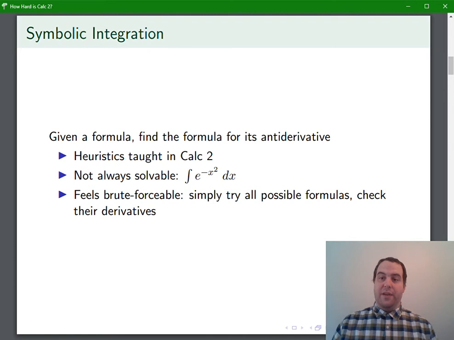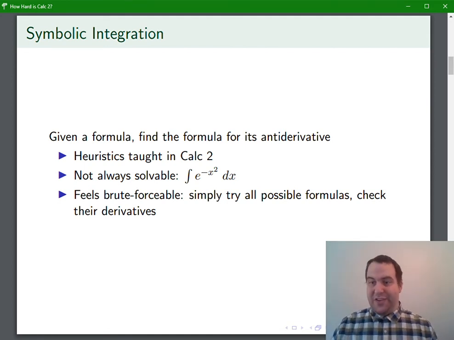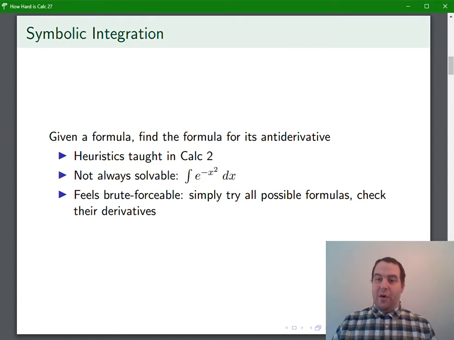We know, for instance, that the formula e to the negative x squared, even though it's integrable in the sense that there is some function which is its integral, there is no nice formula for that integral, and we've proven that. And we give this function a name, we call it the error function, and so now it has a formula, but that's kind of cheating, right?